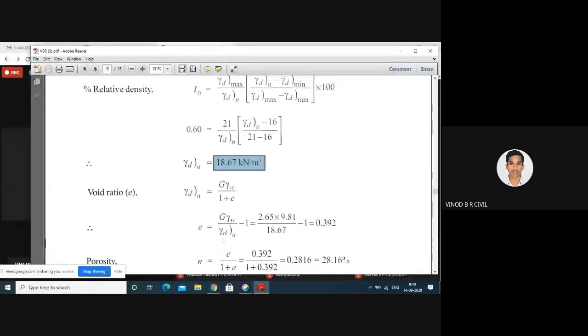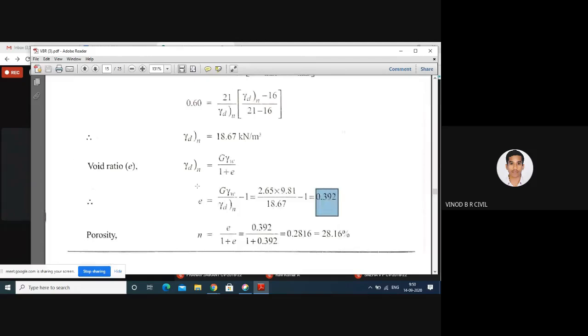Therefore, e is equal to 2.65 into 9.81 divided by 18.67, the natural unit weight of soil, minus 1. Therefore, e is equal to 0.392. That is the void ratio.